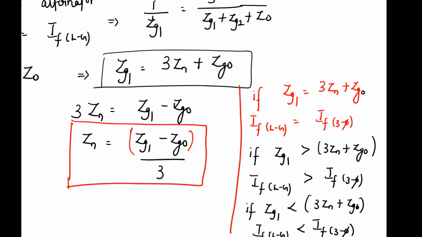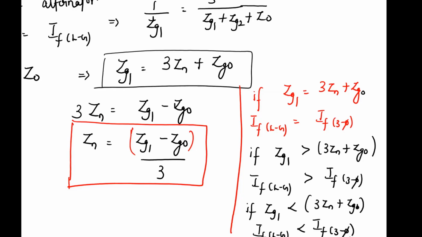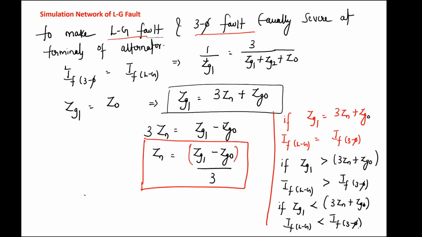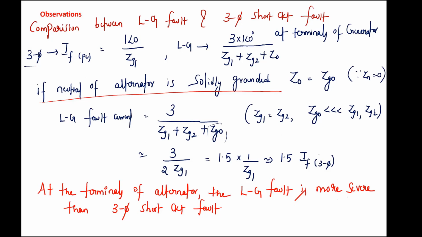So this is the complete comparison between the single line to ground fault and the 3-phase fault. This is the important point. If there is no neutral grounding impedance, then obviously you can conclude that the LG fault is more severe than the 3-phase short circuit fault. Understand?